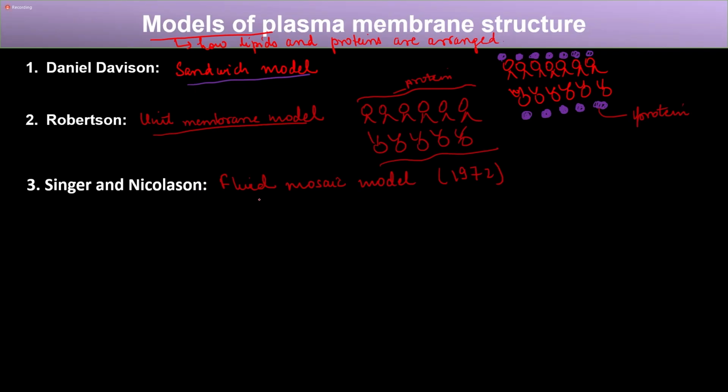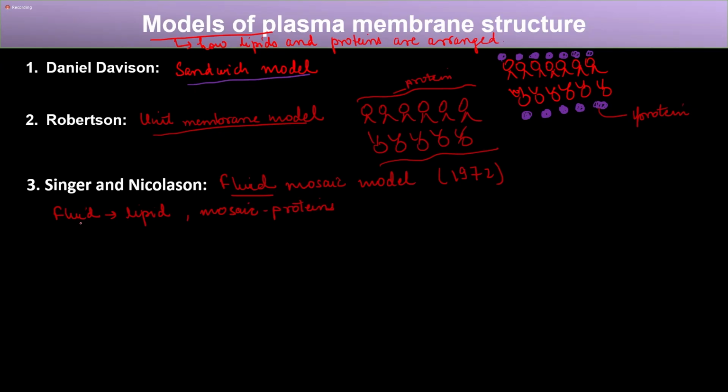According to this fluid mosaic model, the term fluid refers to lipid, and mosaic means proteins.